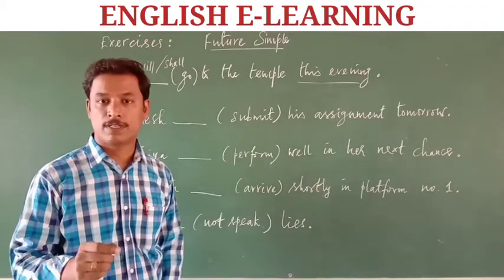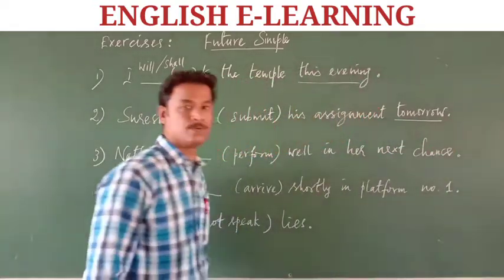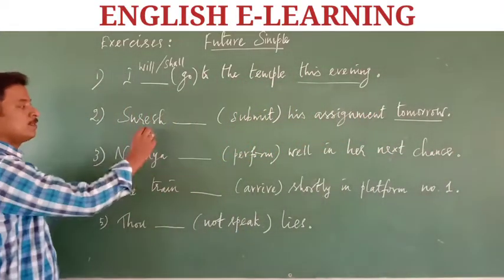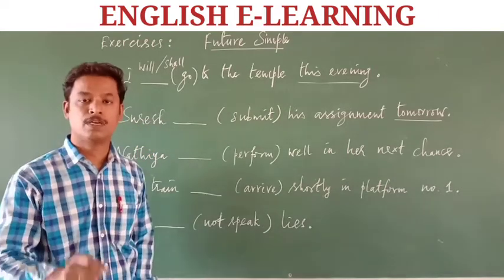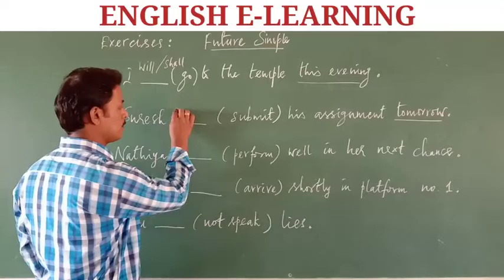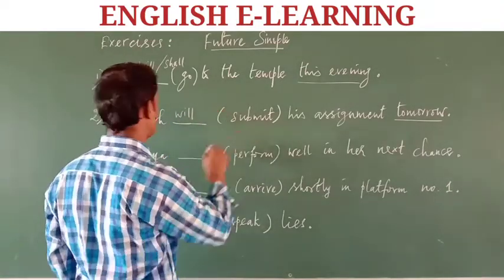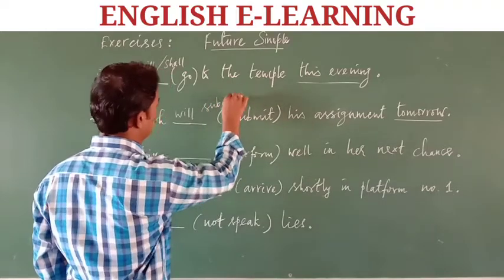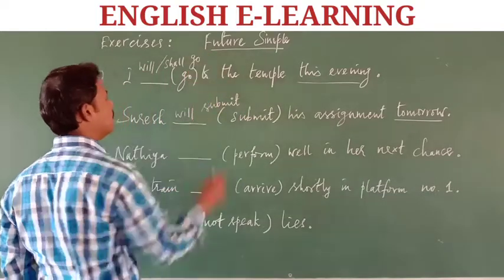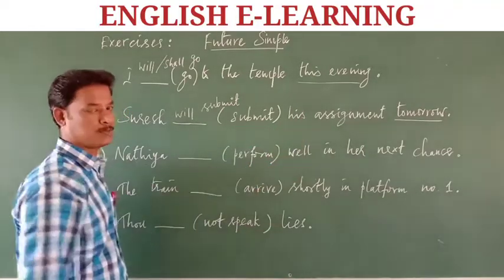The keyword for this sentence is tomorrow. Right. So after the subject Suresh, we must use will only. So the answer is will submit. Okay. Suresh will submit his assignment tomorrow.